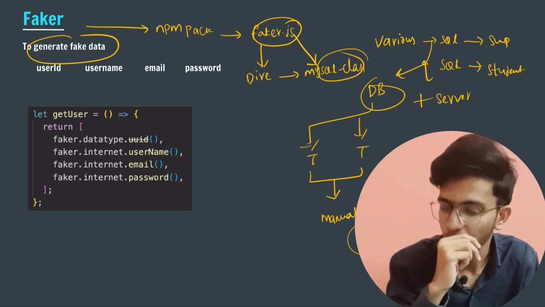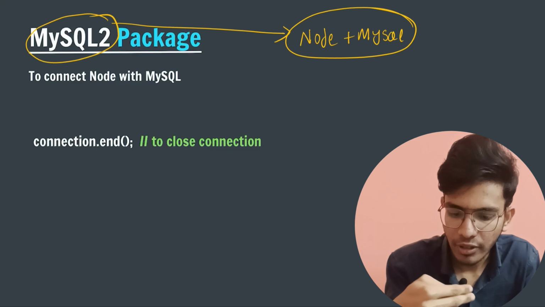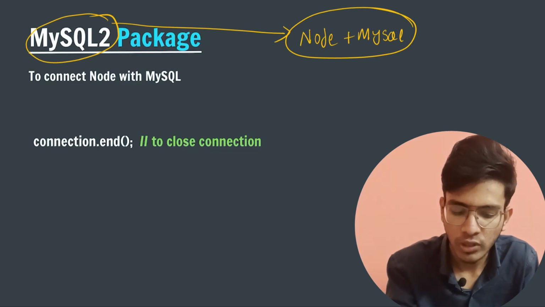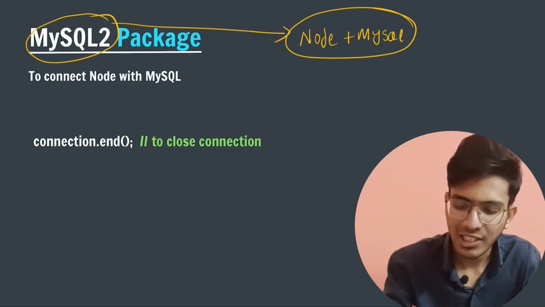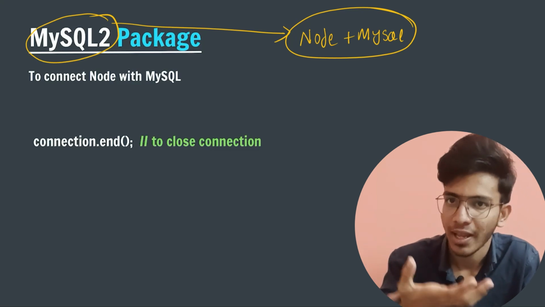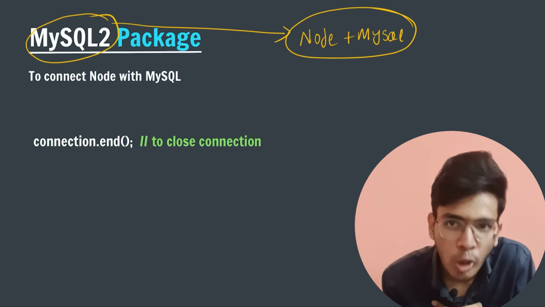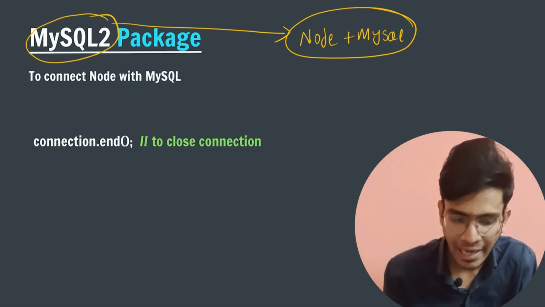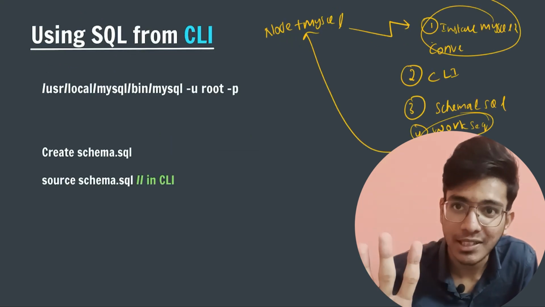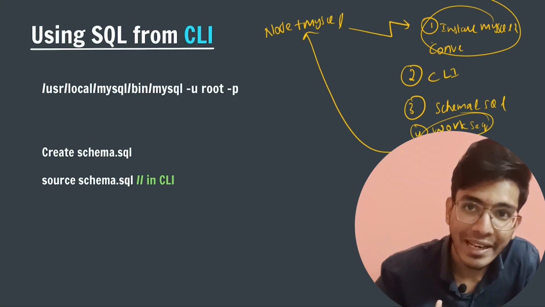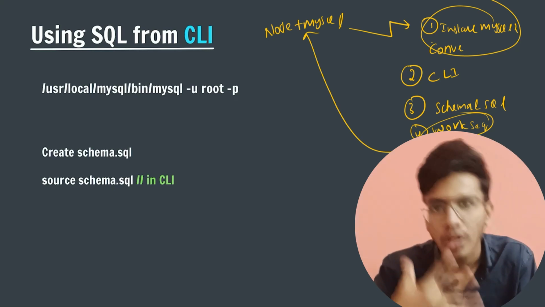Okay, now to integrate our MySQL database with our node, we use a package called MySQL2, and this package gives us the power to integrate node with SQL, and there are four different methods through which we can add our database with our backend.